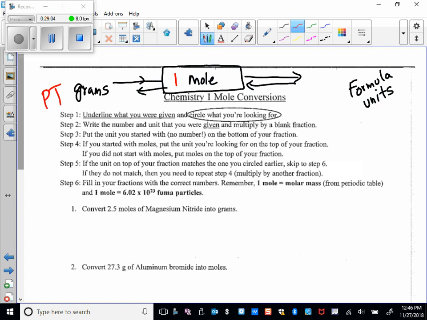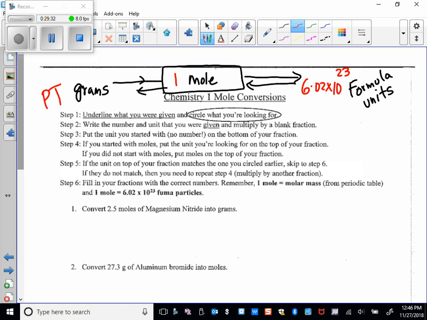What is the number before atoms? 6.02 times 10 to the 23, which is going to remain the same before formula units. We can go from grams to moles and moles to grams directly. But can we go from grams to formula units straight? No, we have to convert to moles.